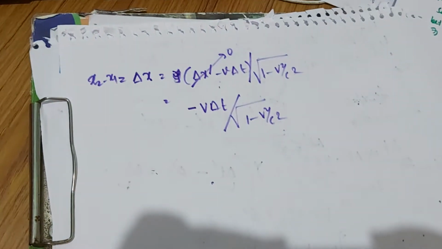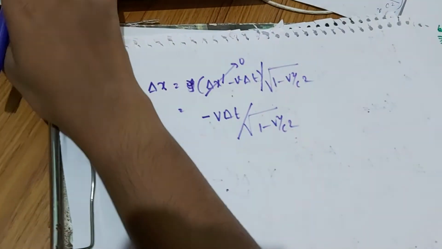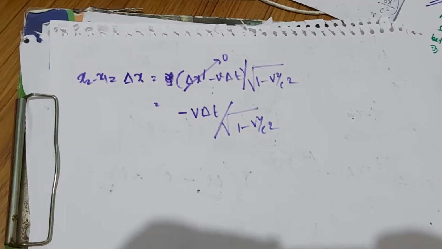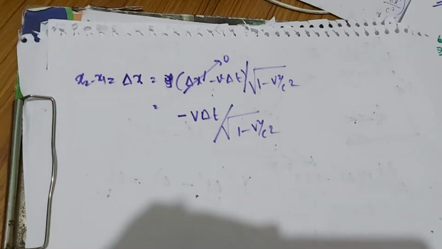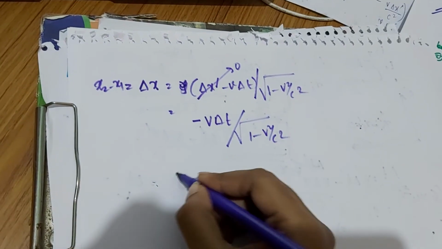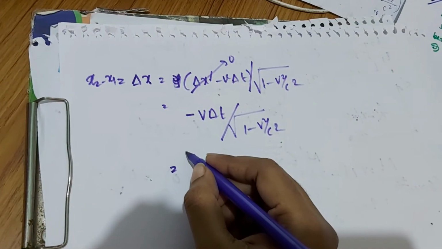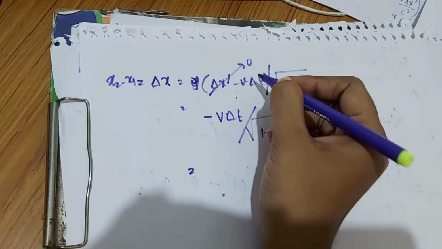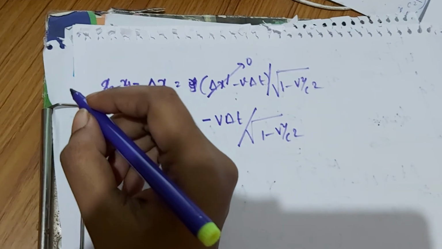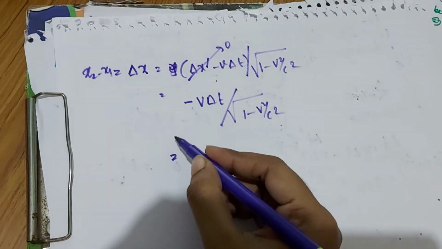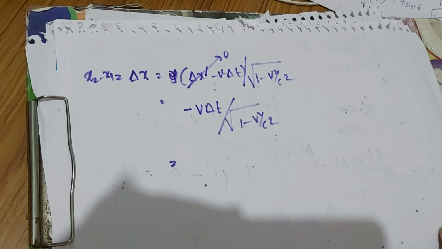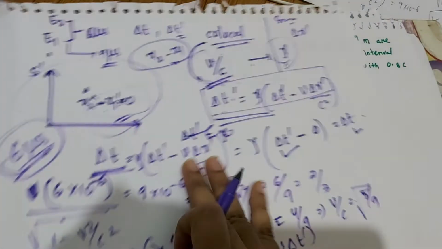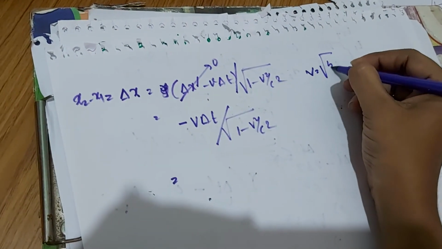Now, sorry, this is plus, I think, just a second, and this is okay. Now we have to find the value. We know the value of v from this equation: v is equal to root of 5 by 9 c.